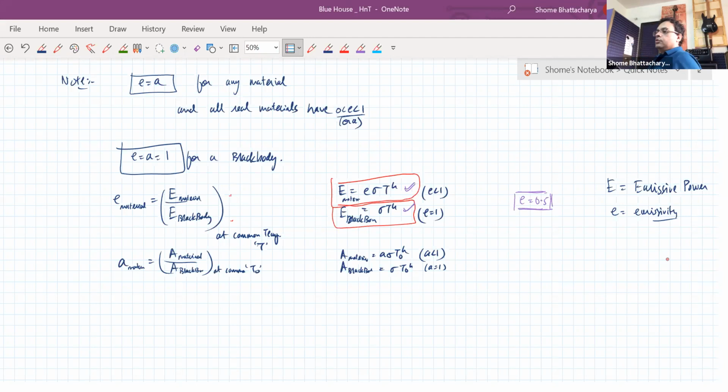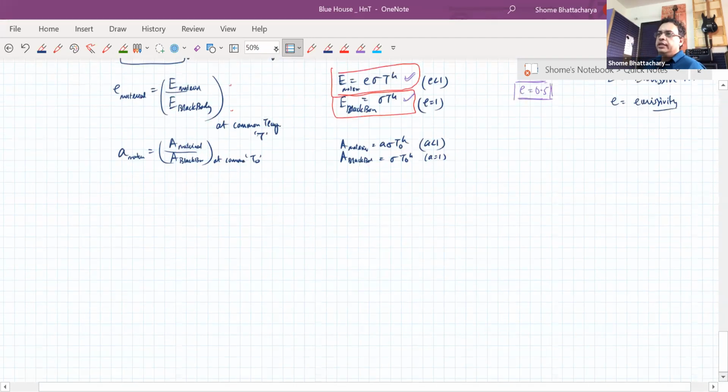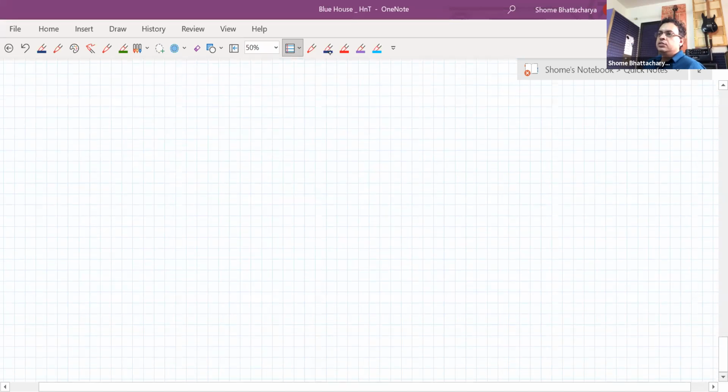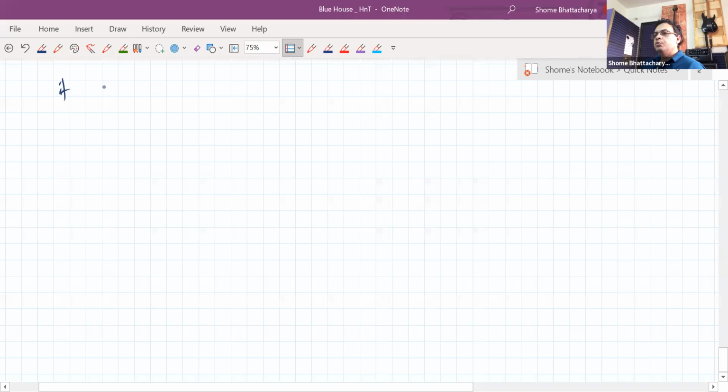Okay. So now with all this background, we will also understand the net rate of heat loss or heat gain if we are not in a situation of thermal equilibrium. When there is no equilibrium, suppose the body's surface temperature is greater than the surrounding temperature. What will happen?